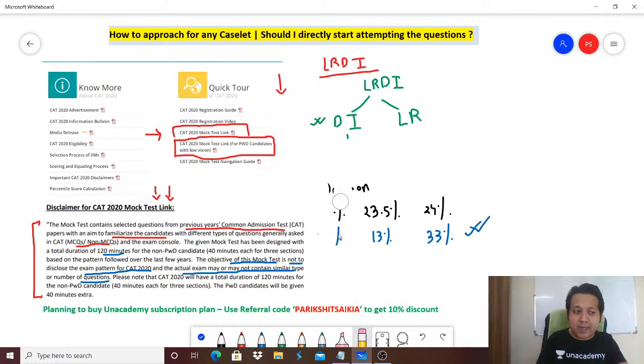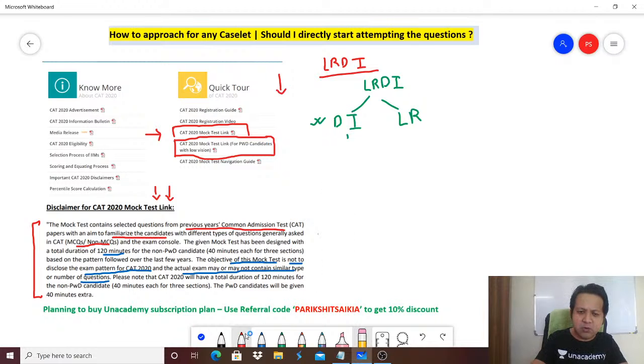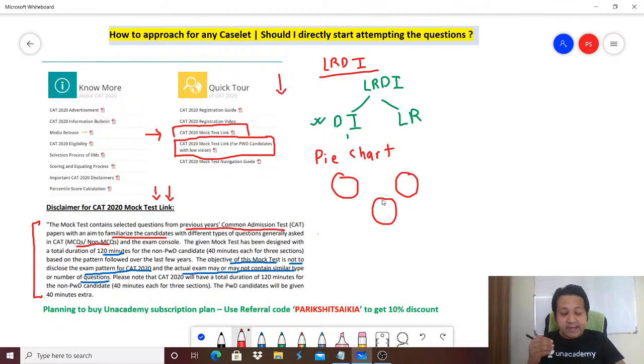For those, do not look at the questions first. First, I must tell you what kind of questions we are talking about. Let's say I'm talking about a pie chart, and let's say there are 3 pie charts given to you. It is very important that before your brain starts thinking about the questions, you first understand the 3 pie charts that are given to you.